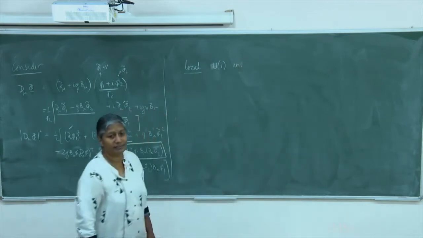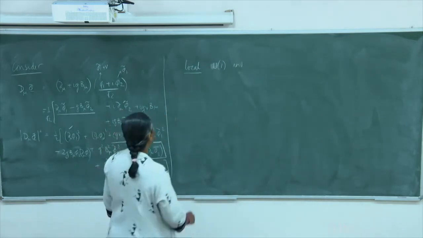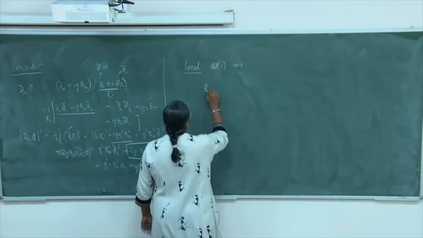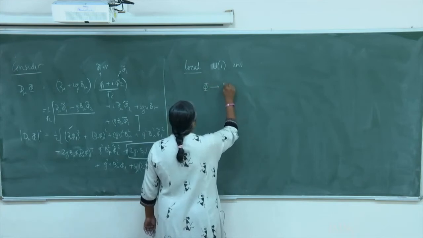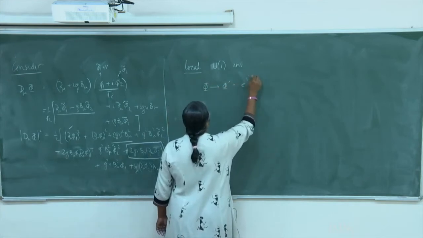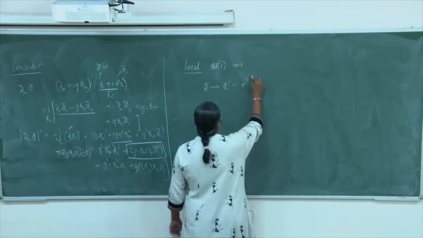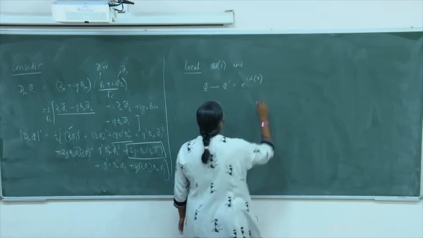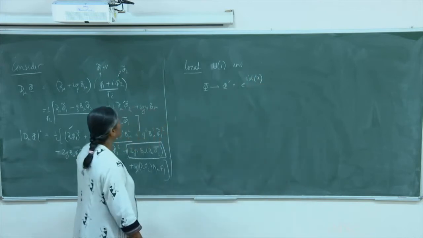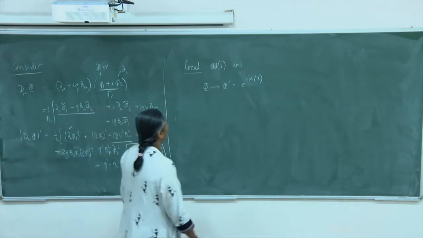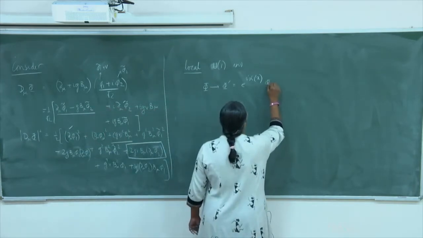So what does local mean? That the Lagrangian is invariant under a transformation of phi going to phi prime equal to e to the I alpha, a U1 transformation. This is local, so I have explicitly put x over here, times phi.